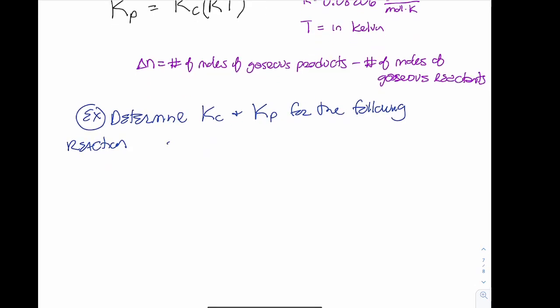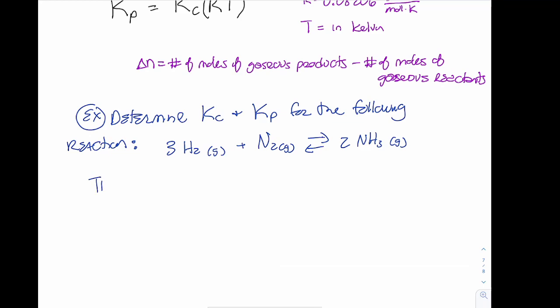So my reaction, 3 hydrogen plus nitrogen, those are both gases, forming 2 ammonia, which is also a gas.